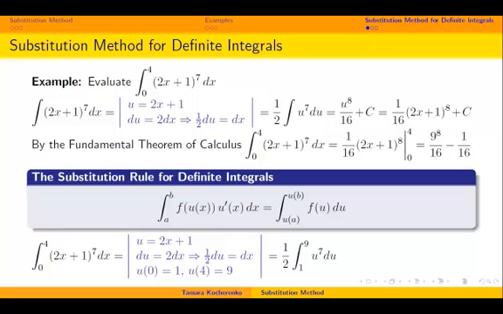We compute this definite integral to be u to the 8th over 16 from 1 to 9, which equals 9 to the 8th over 16 minus 1/16. The answer, as expected, is the same as before.